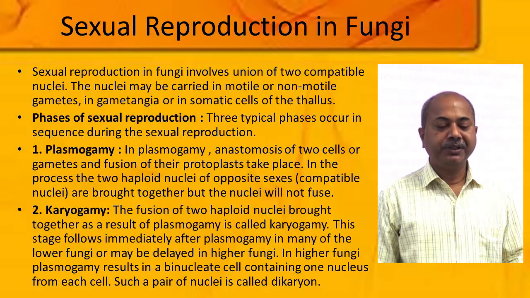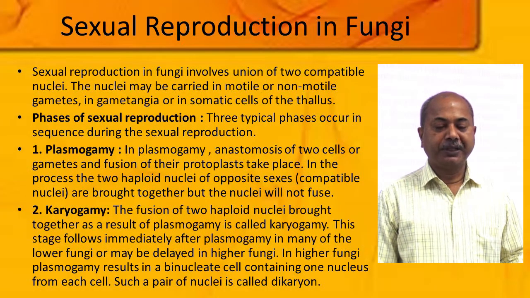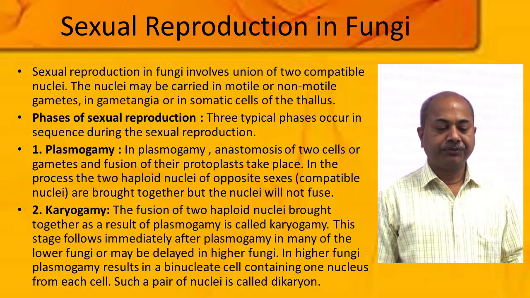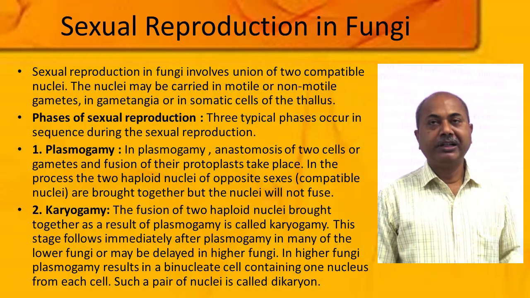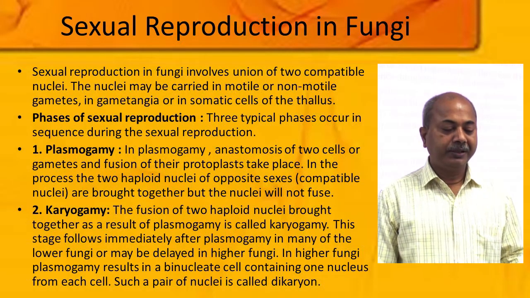In plasmogamy, anastomosis of either two cells or gametes and fusion of their protoplasts take place, and in this process the two haploid nuclei of opposite sexes, that is compatible nuclei, are brought together, but the nuclei do not fuse. While in karyogamy, the fusion of the two haploid nuclei brought together as a result of plasmogamy occurs.